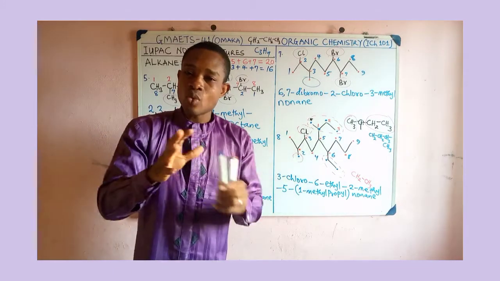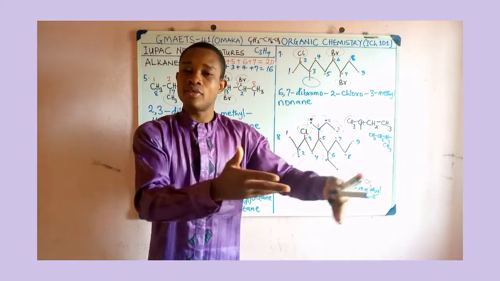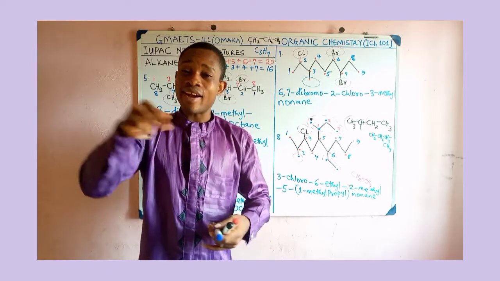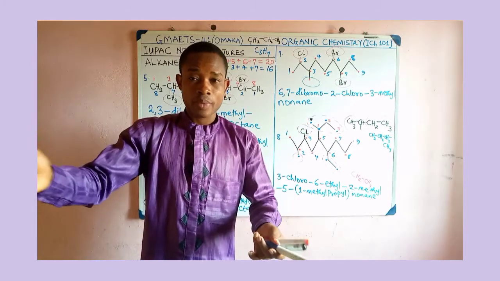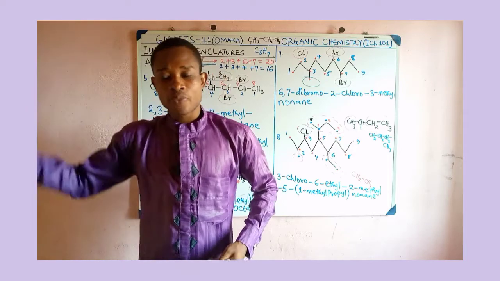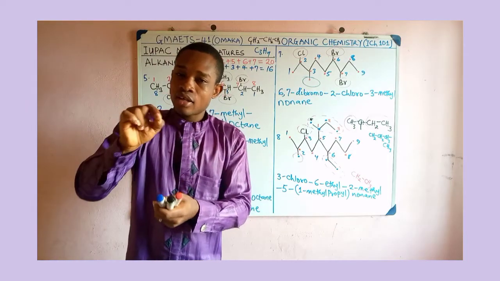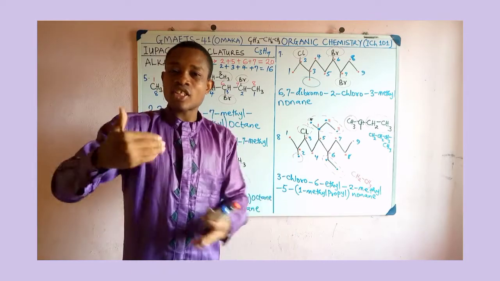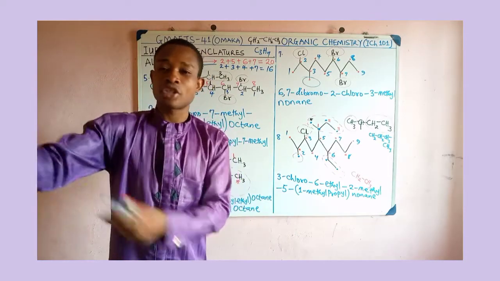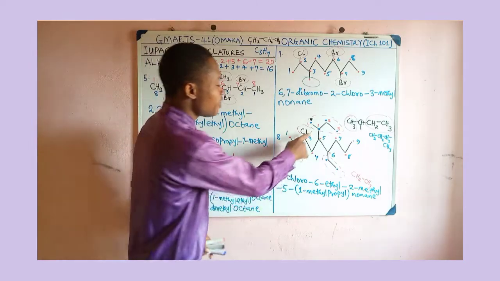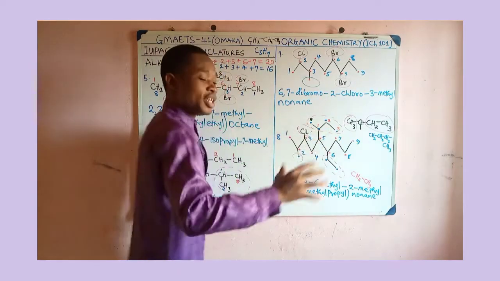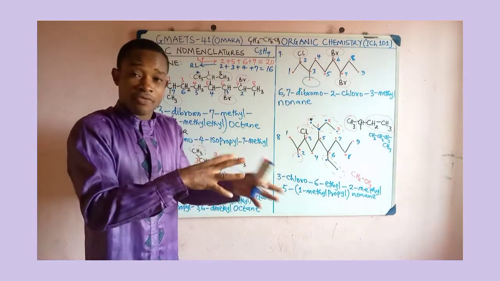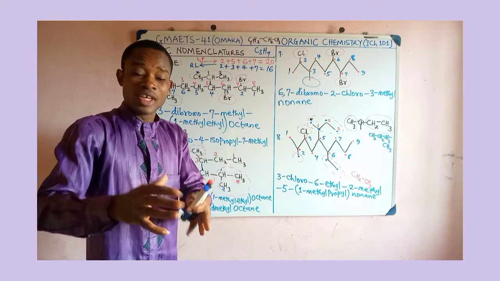Now, when you're dealing with a sec or tertiary alkyl group, you recall that I stated in the previous class that the sec or the tert is dropped. It does not follow the alphabetization rule, which means if this is sec-butyl, the sec will be dropped.